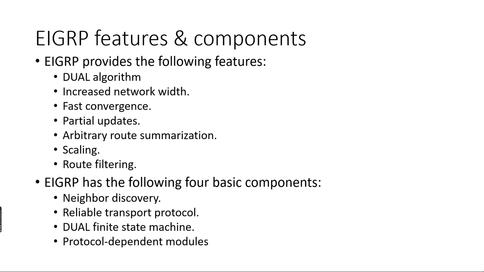The routes can be summarized, and EIGRP has the ability to create summary routes at arbitrary boundaries, but it is done with the help of manual summarization. It can be applied anywhere in the domain, that is, on every router or on every interface. And this summary route will exist in the routing table as long as there is one or more specific routes.